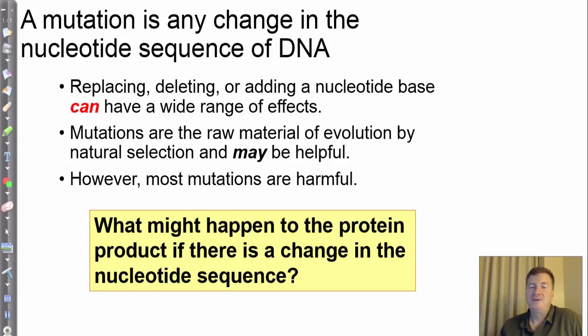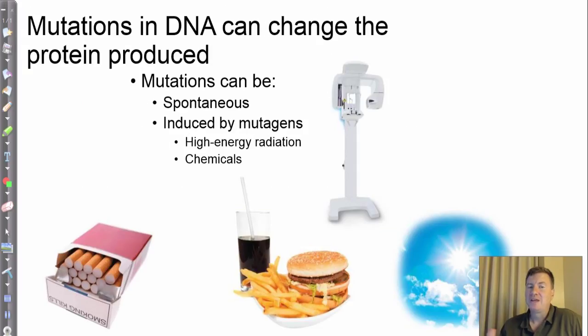So what might happen if we change the sequence? It kind of depends. Let's see how nucleotide sequences can get changed. Again, mutations in DNA can change the protein that's produced. But how does DNA get changed? They can be spontaneous mutations.